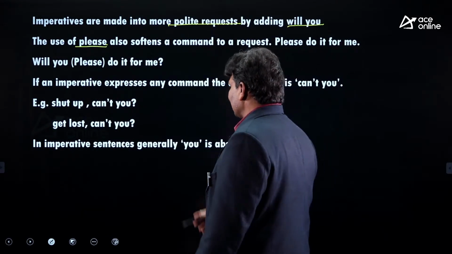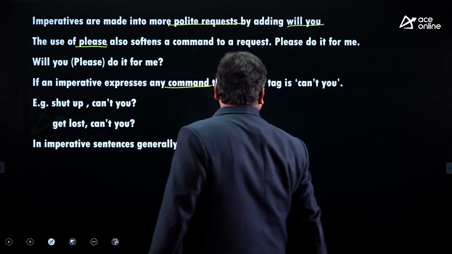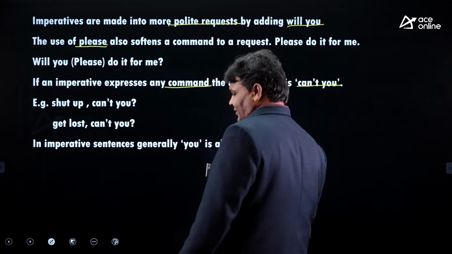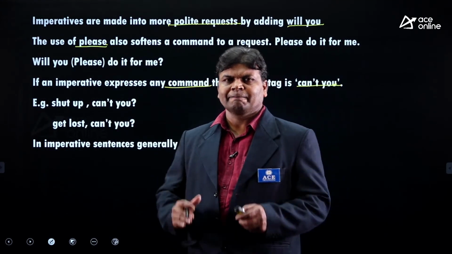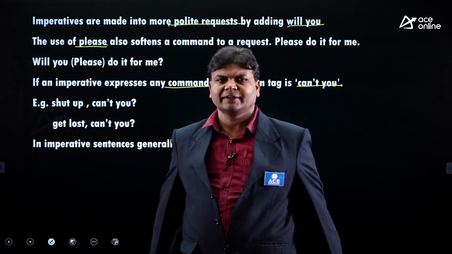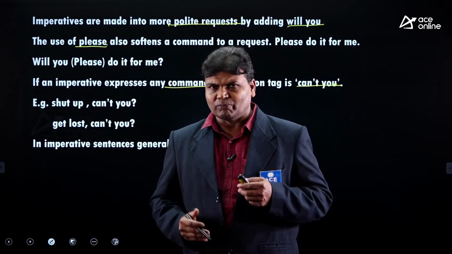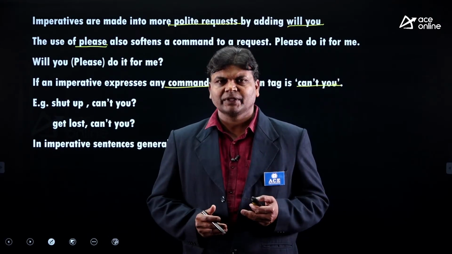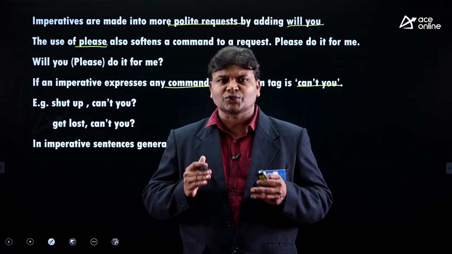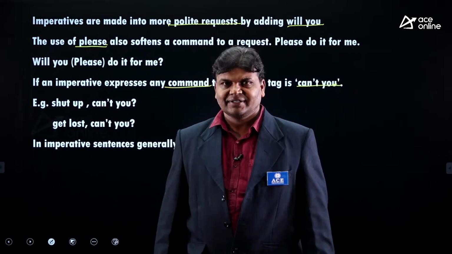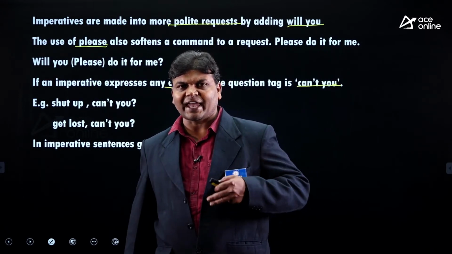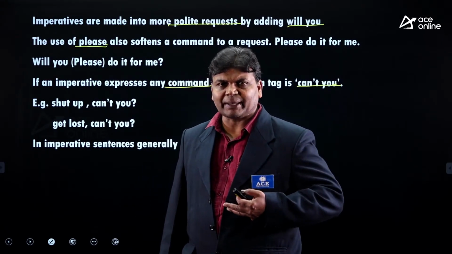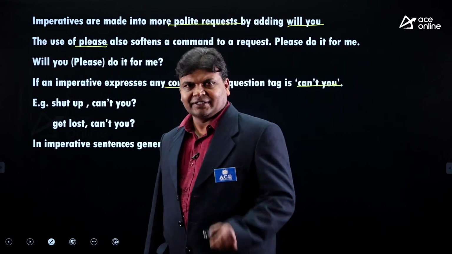If an imperative expresses a command, the question tag is can't. Sir, why here? Go through modal verbs. List of can: you might find it in my books or in PDFs. Can has at least 12 meanings. The last meaning of can is one which expresses anger. Can't you shut up and get out from my side?